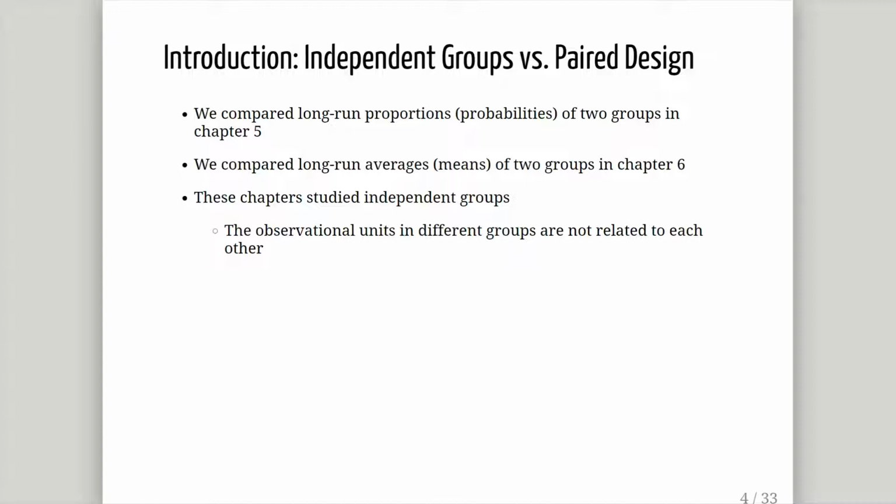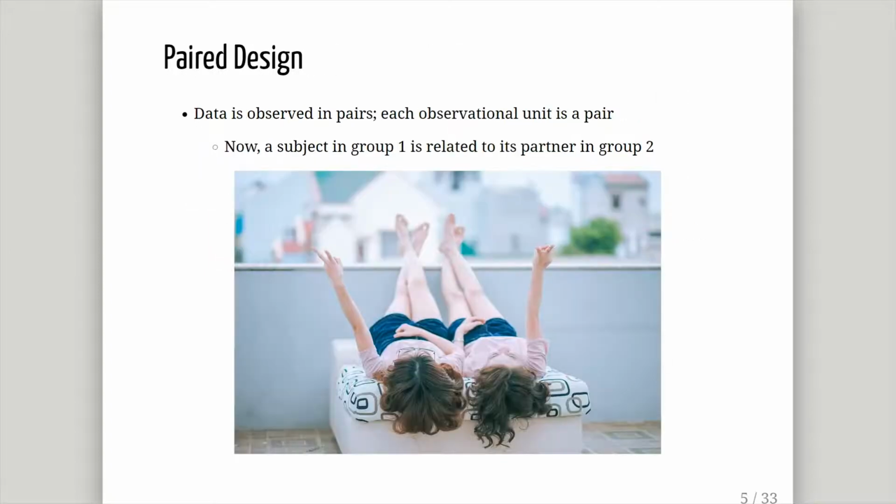Chapter 7 is interesting because we are working with paired data. Therefore, we make a paired design. These designs are realistic because a subject or an observational unit in group 1 is related to its partner in group 2. Observational units in group 1 are related to the observational units in group 2.